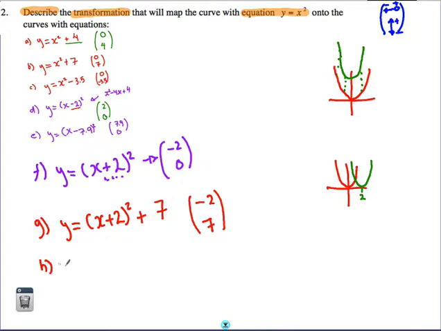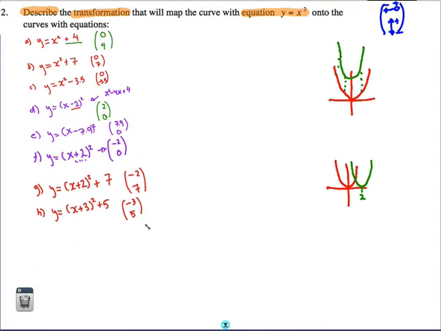Okay, one more. It's going to be very similar to this, so x plus 3 squared plus 5 outside the bracket. So again, this plus 3 moves it to the left 3 spaces, and this plus 5 is going to move it up 5 spaces.